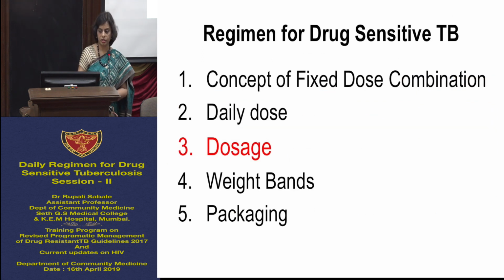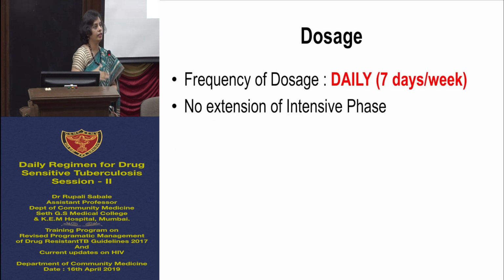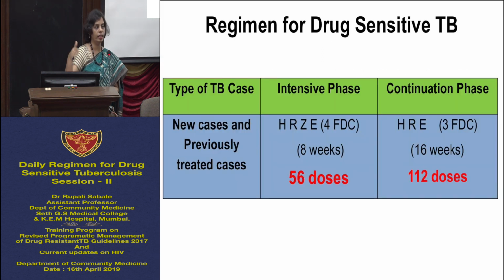Coming to dosage, as I said, 7 days per week. So when I say 2 months, it is 8 weeks. So 8 multiplied by 7, how many doses does the patient have to take? 56 doses in intensive phase, and in continuation phase 112 doses.